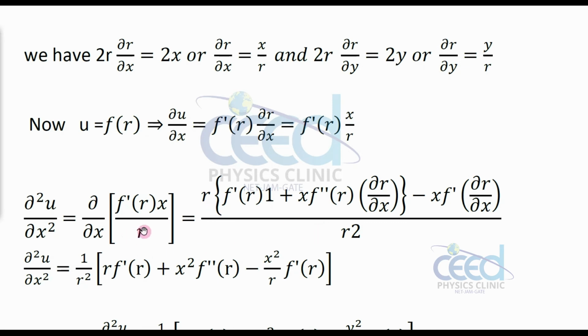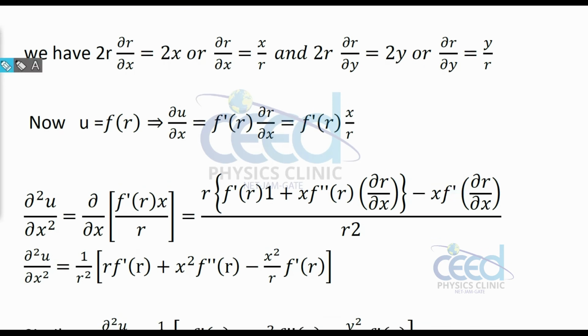That is, the first function into the differential of the second with respect to x, which is 1, plus the second function into f''(r) into ∂r/∂x, minus f'(r) into x.